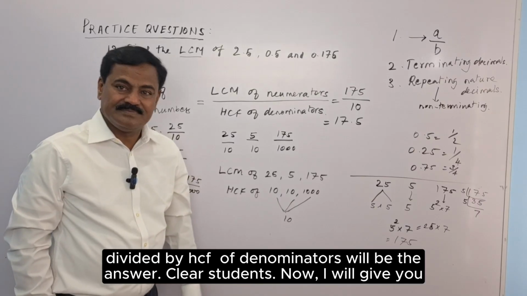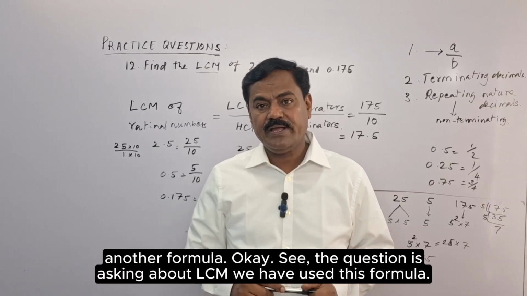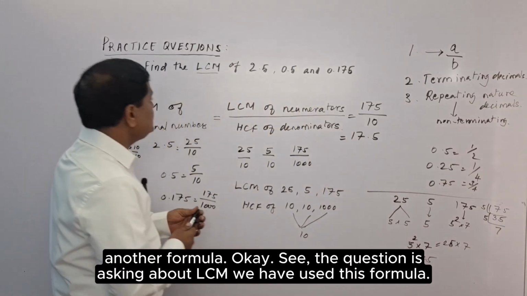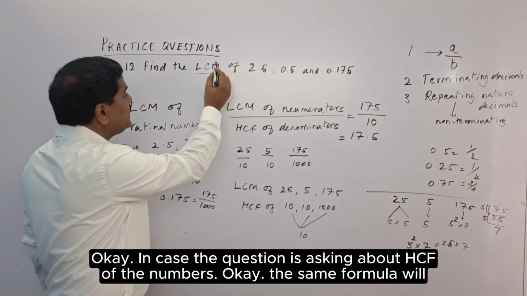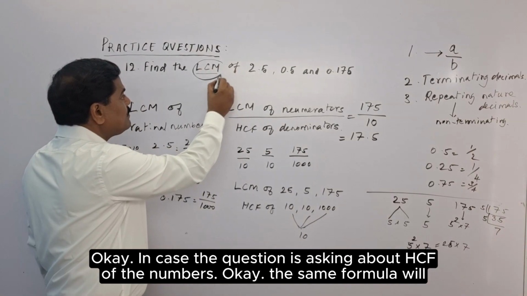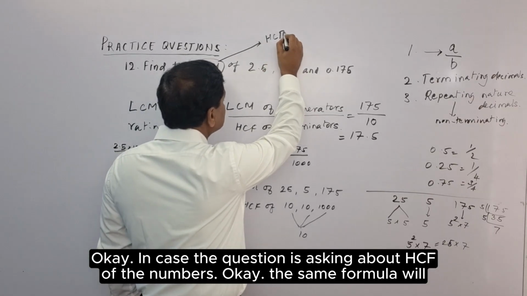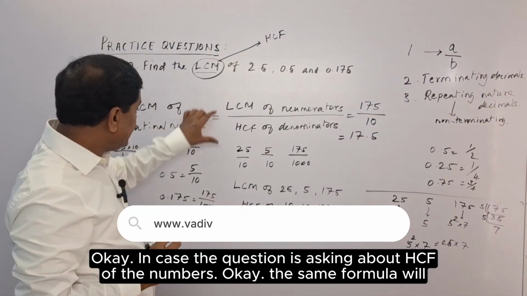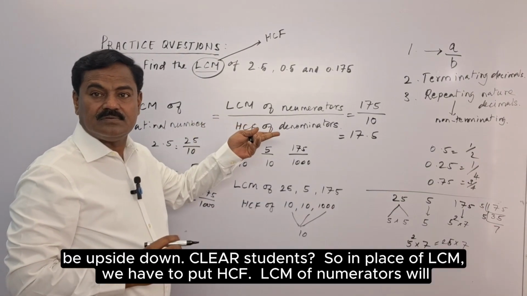Clear, students? Now I'll give you another formula. See, the question was asking about LCM, so we have used this formula. In case the question is asking about the HCF of the numbers, the same formula will be upside down.